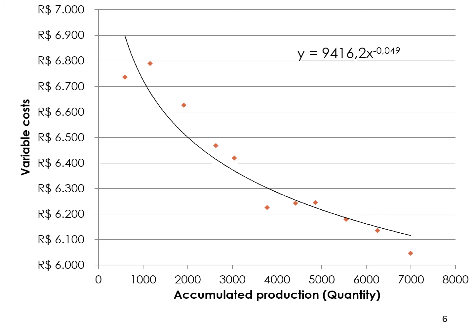So suppose that for each dot here, we have a given variable cost for producing something, given an accumulated level of production. For instance, in this first point here, you produced 800 units, and the variable cost was something like 6,650.